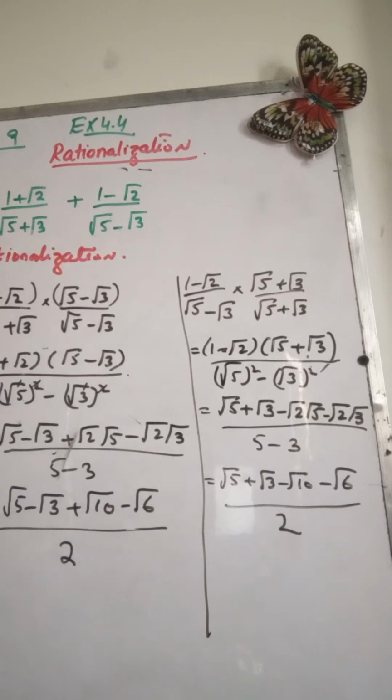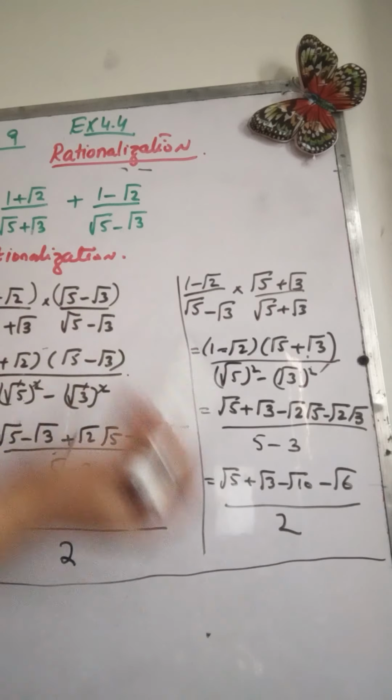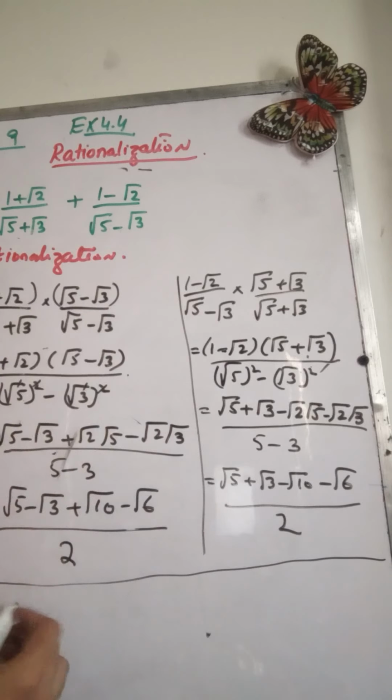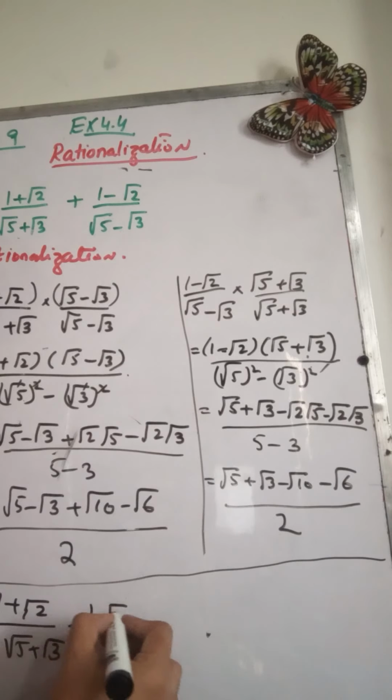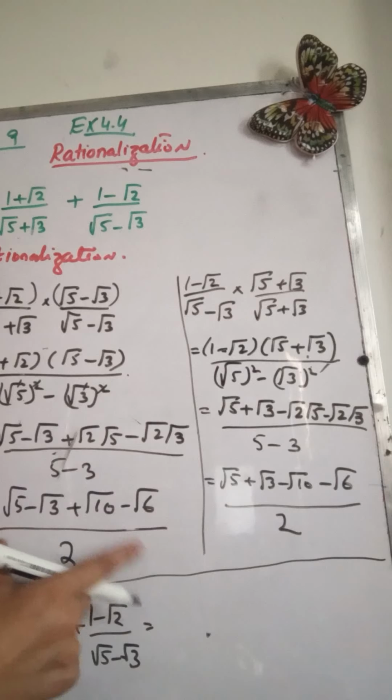So adding this and this number will be the addition of the given two fractions. So it means that 1 plus under root 2 over under root 5 plus under root 3 plus 1 minus under root 2 over under root 5 minus under root 3 will be equal to, the rationalization of this fraction is this expression.